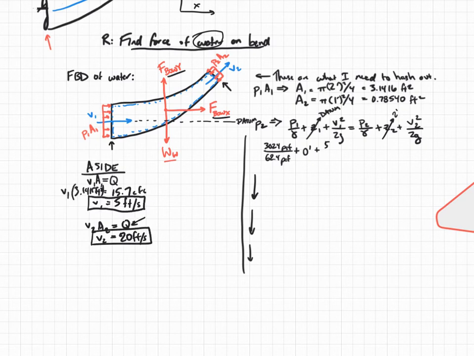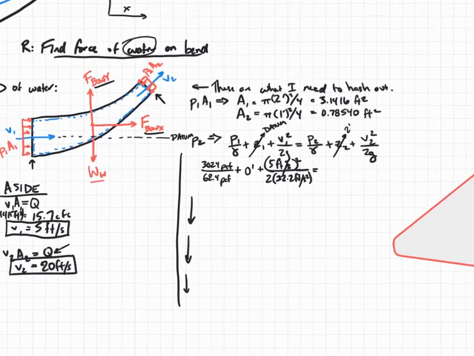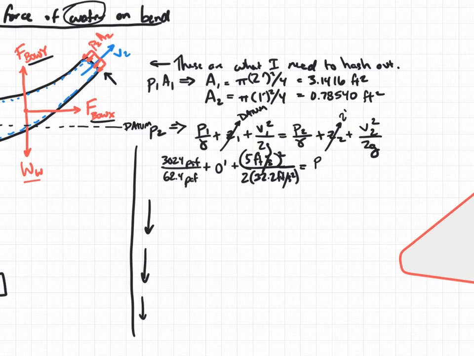Now we've got 5 feet per second squared over 2g. What's g in this case? We have to think what unit system we're working in. So it's 32.2 feet per second squared. Equals, now let's zoom in, P2. Well, that's what we're looking for. P2 over 62.4 PCF, plus 2 feet, plus V2 squared over 2g.